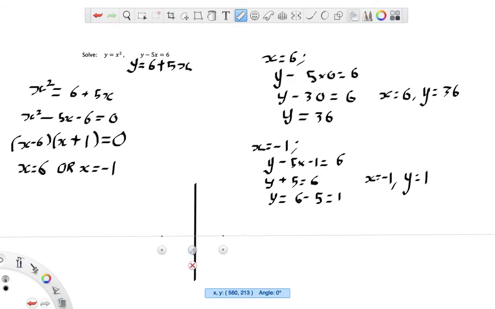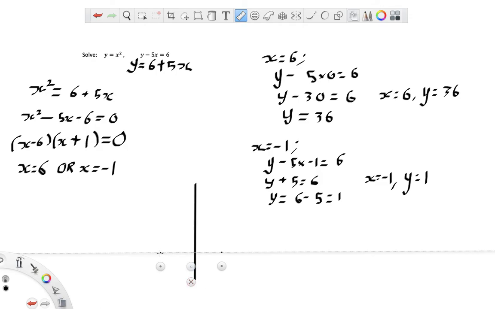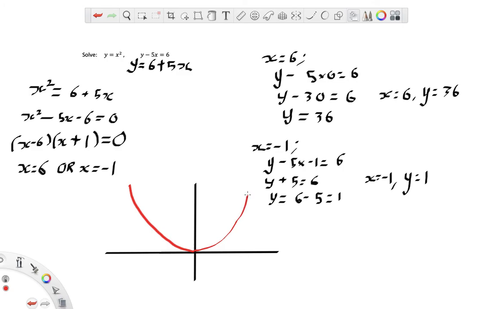What I'm going to plot on this axis is firstly a quick sketch of the graph of y is equal to x squared. What does that look like? Well, it looks something like that. That obviously isn't the world's best drawing, so use your imagination.